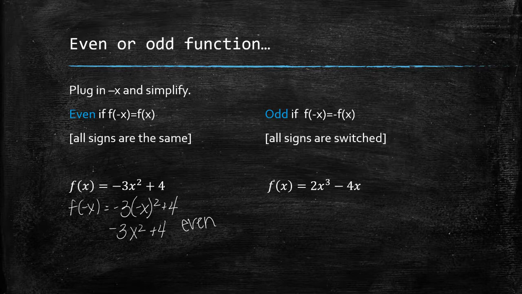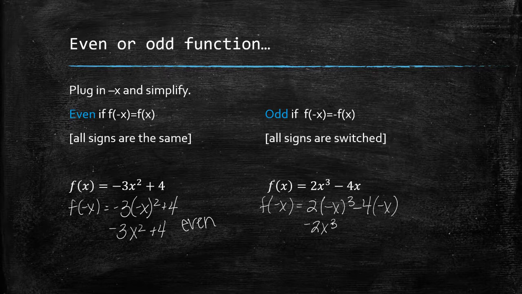Same thing for the second one. I'm going to plug in a negative x for both x's, and I'm going to simplify and see what I get. So negative x cubed is negative x times negative x times negative x, which is negative x cubed. When I multiply that by 2, I have negative 2x cubed. Did everyone follow me on that?